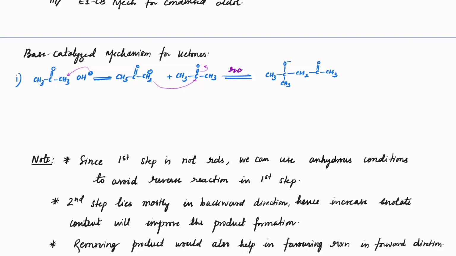But the second step would be much harder because this is a very bulkier substrate where the nucleophile has to go and get added. So that becomes a very challenging step here.